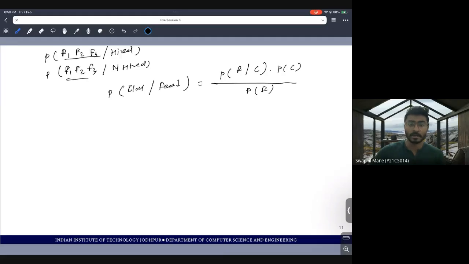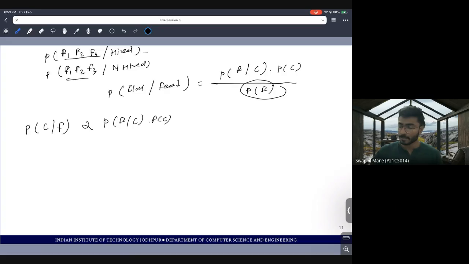Since we are only comparing the probabilities for different classes, we can ignore this feature probability. So we can directly write that the class probability given the features is directly proportional to the probability of the features given the class, times P(C). Considering this phenomenon, we try to solve this question.